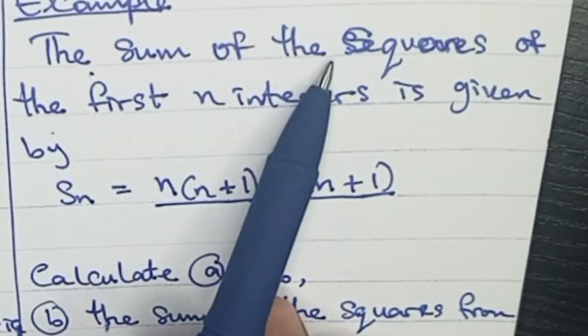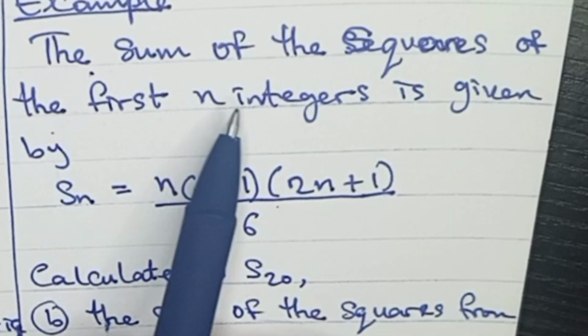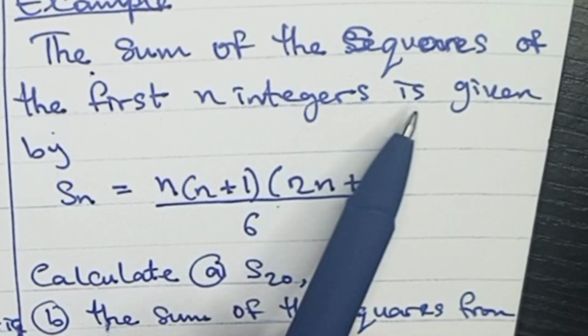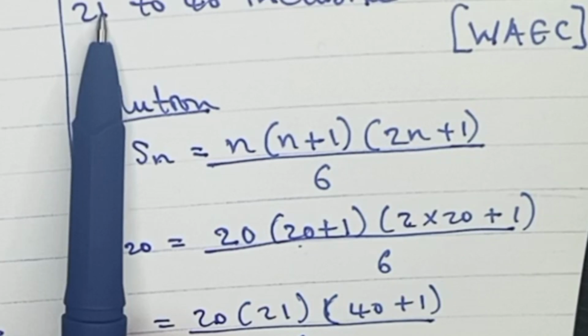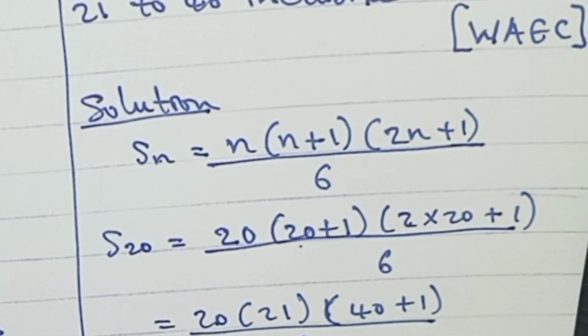It says the sum of the square of the first n integers, so starting from 1 to 20, 1 to 40. But this question is now telling us from 21 to 40.